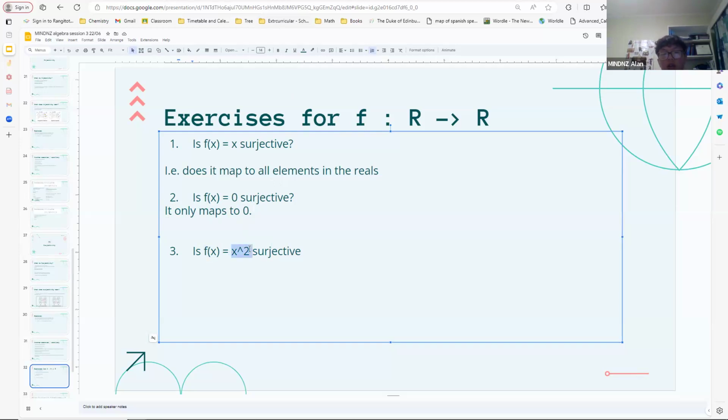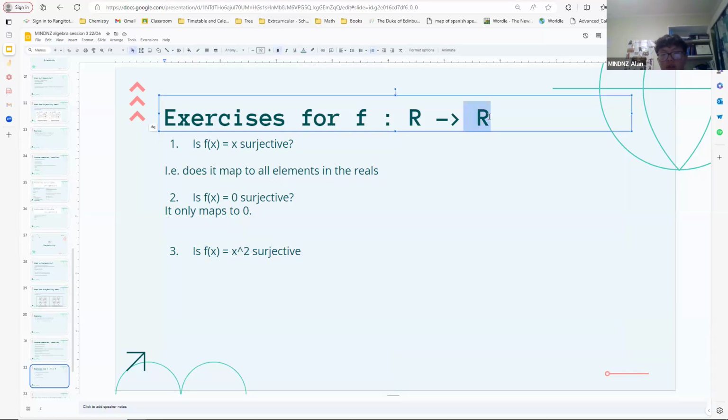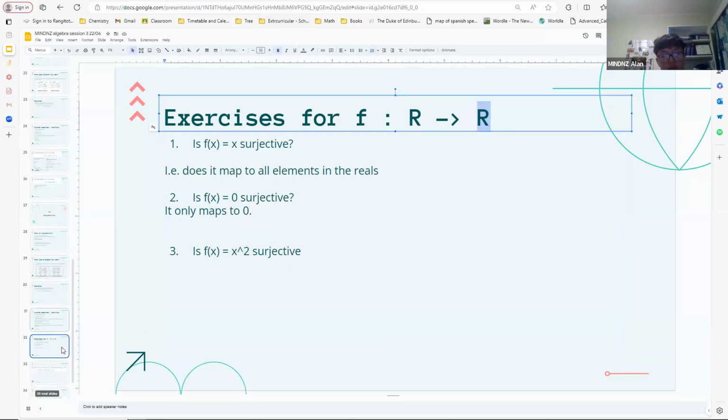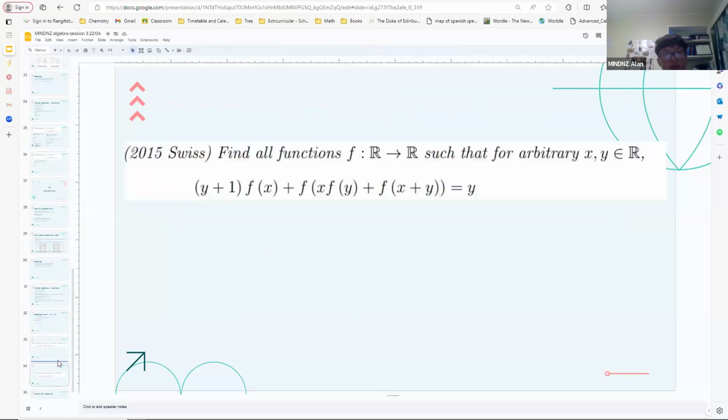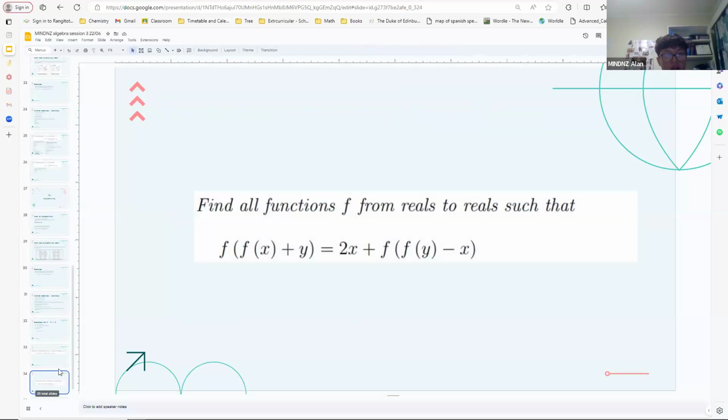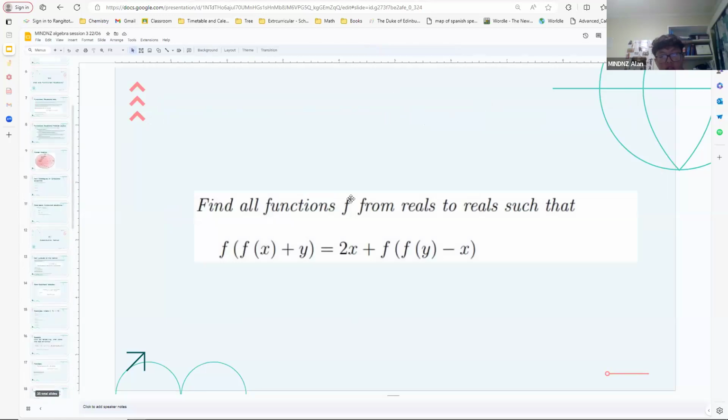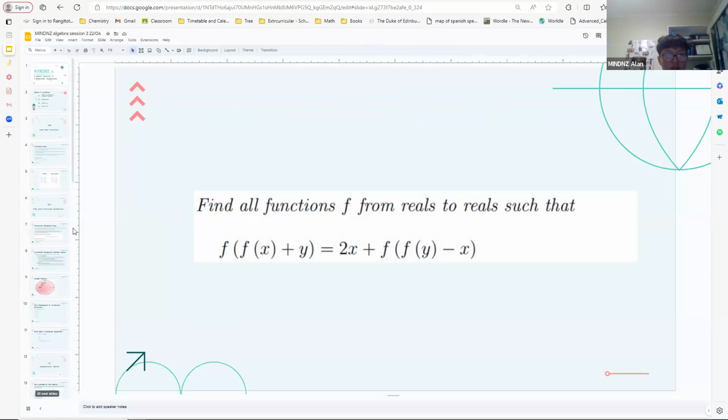So it basically only covers around half of the numbers within the real numbers because it can only map to positive real numbers or 0. So now we won't be doing the last two questions because these take a long time to explain. So does anyone have any questions about what we covered today? You can type them into chat.